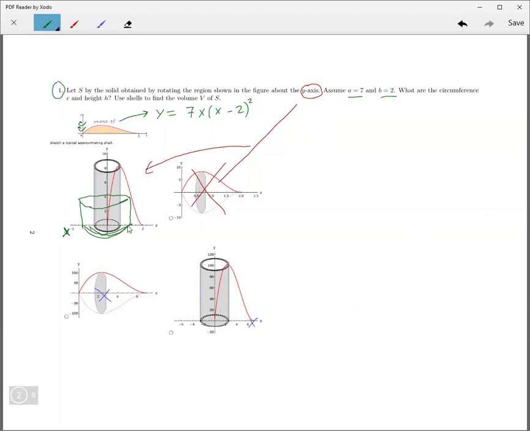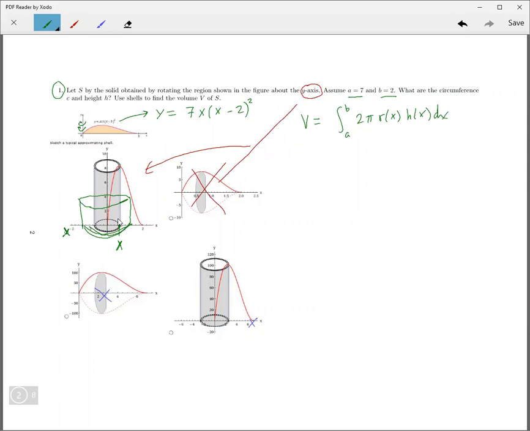Okay, so that would be another cylindrical shell revolved around. But each value of x gives you a cylindrical shell. And so the formula, remember, was integrating from a to b of 2 pi r of x, h of x, dx.